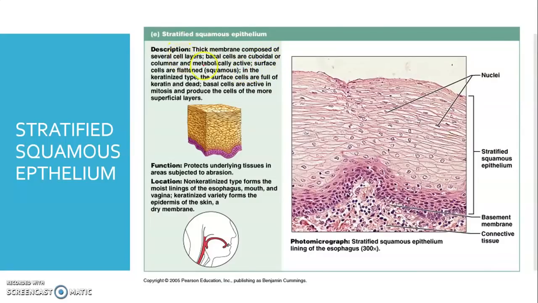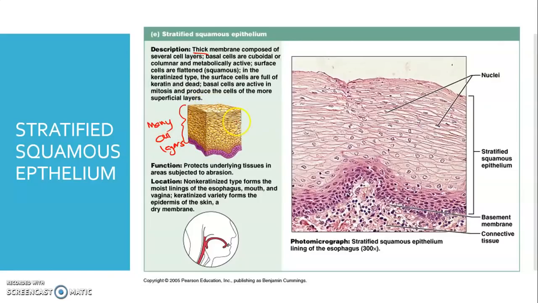Okay, how to describe the stratified squamous? It just consists of a thick membrane composed of several cell layers. Many cell layers, isn't it?